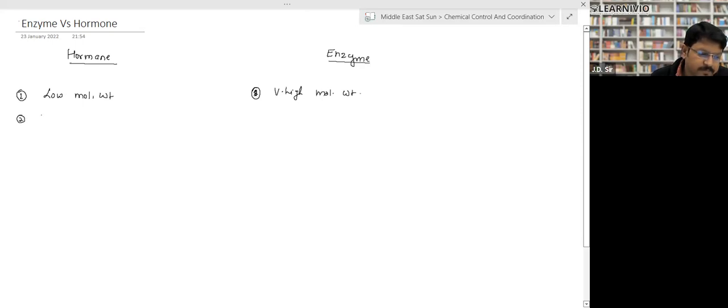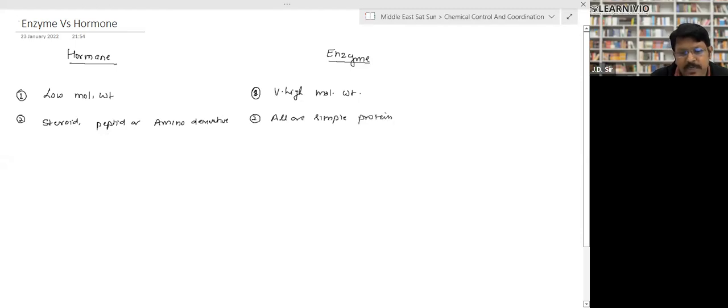Next, hormones may be steroid, peptide, or amino derivative. But enzymes, as we have discussed, are all simple protein, basically made up of simple protein.